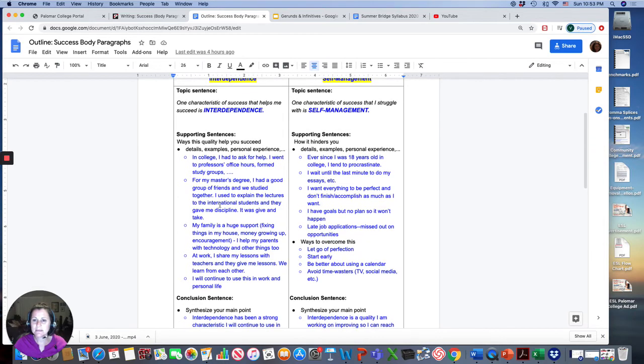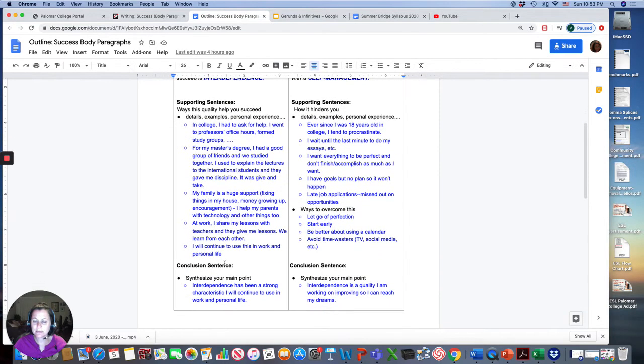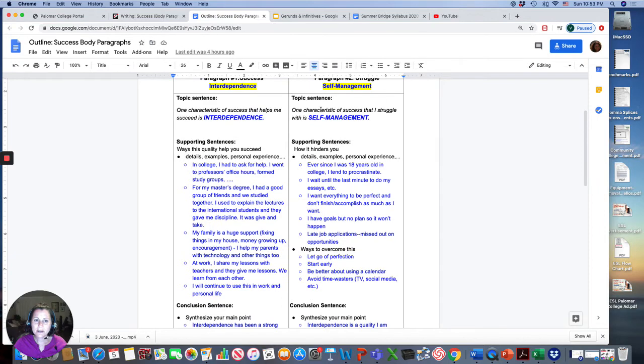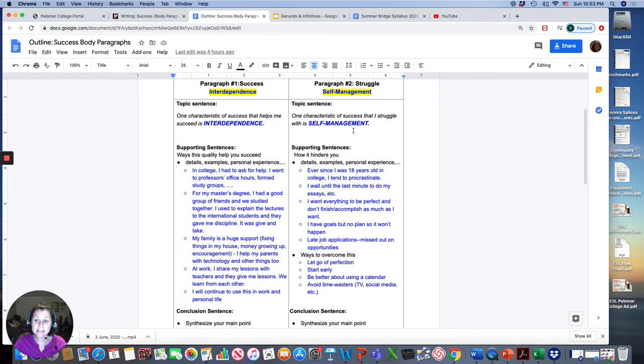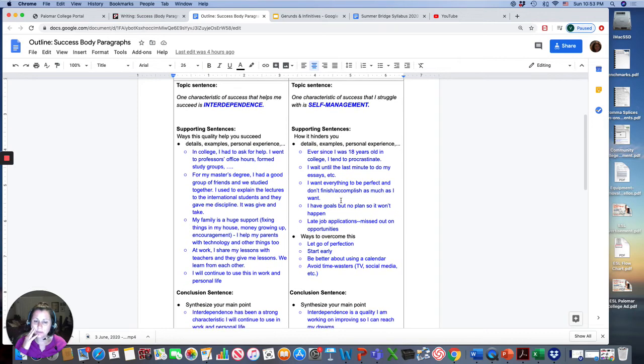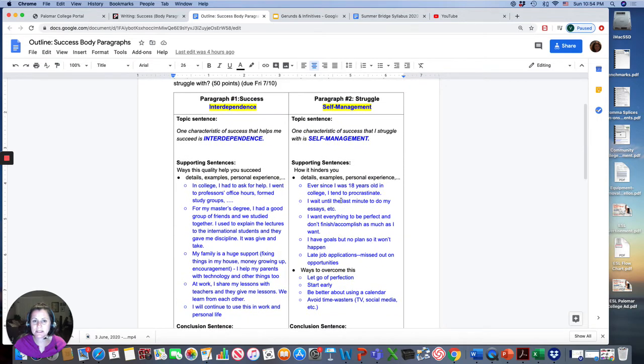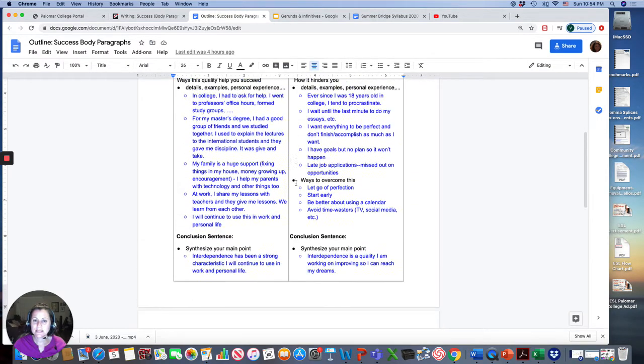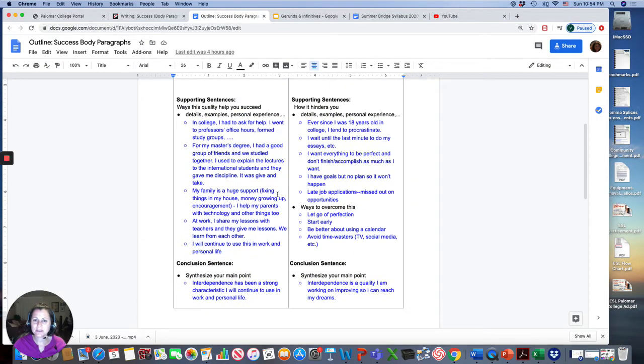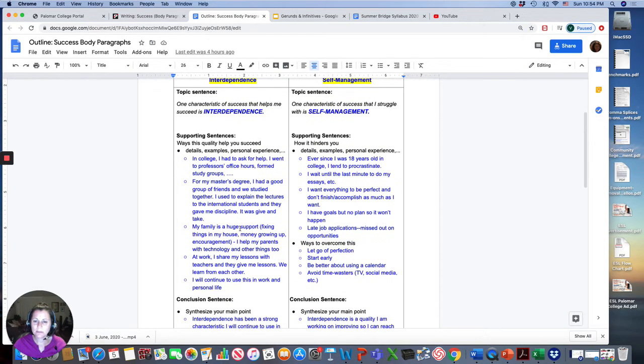And so I have some details and examples. But one characteristic I struggle with is self-management, time management, and waiting to the last minute to do things. This is something I struggle with. So I want to work on that to be more successful. So this is like my notes before I actually write my body paragraphs.